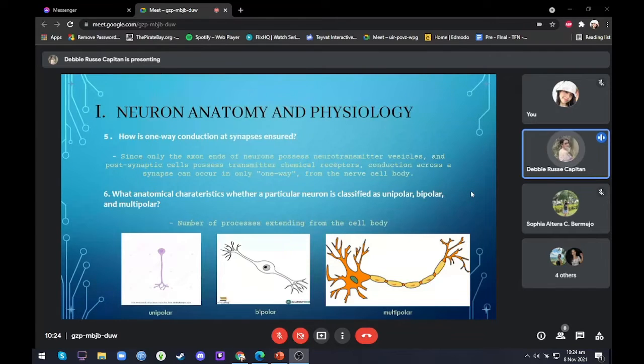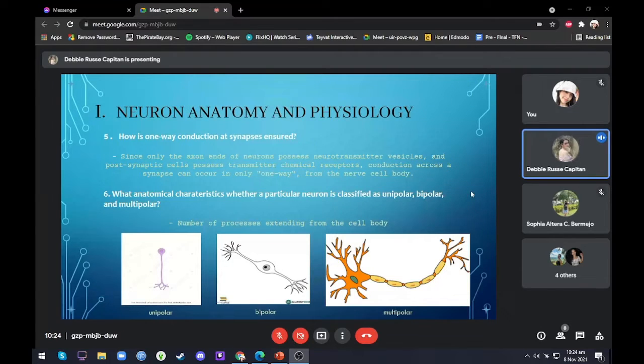Number 5, how is one-way conduction at synapses ensured? Since only the axon ends of neurons possess neurotransmitter vesicles and postsynaptic cells possess transmitter chemical receptors, conduction across a synapse can occur in only one way, from the nerve cell body.